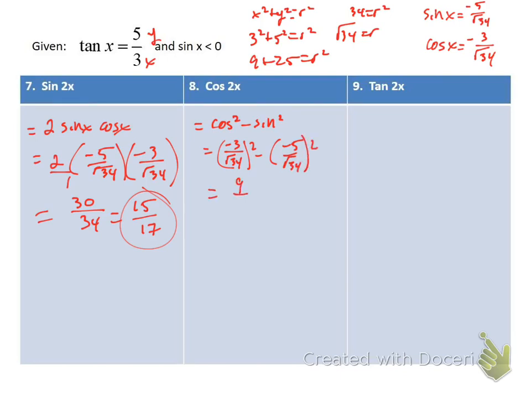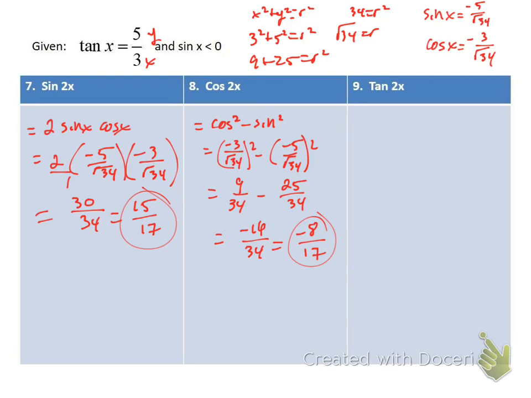So we get 9 over 34. Remember, when you square a square root, they cancel each other out, and you just get whatever's inside the radical. And then 25 over 34. Then we can subtract and get negative 16 over 34, which is just negative 8 over 17. And that's your cosine of twice the angle.